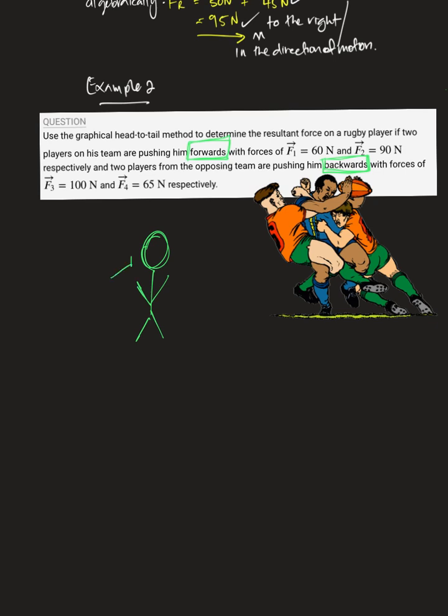He's being pushed by two members of his team. And he's being pushed by two members of the opposition.